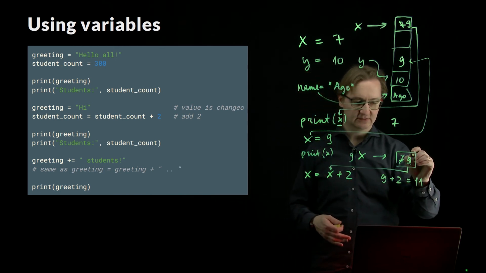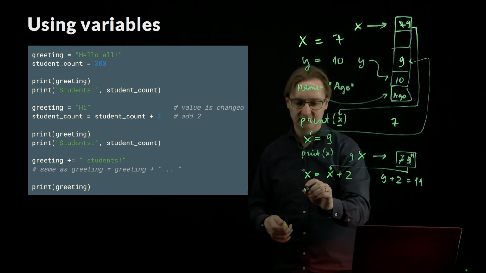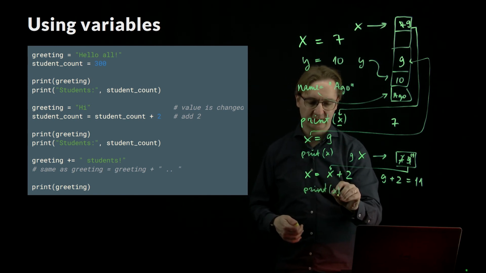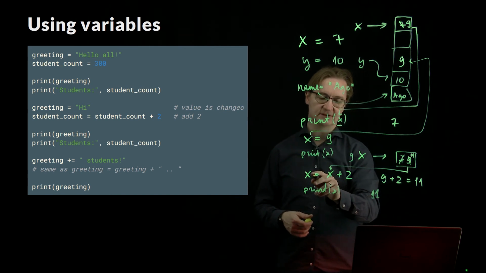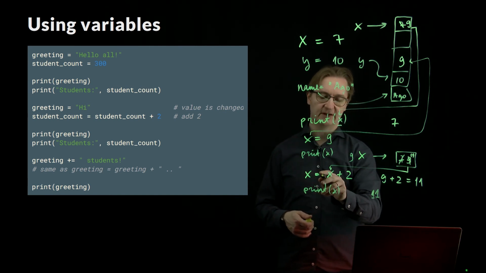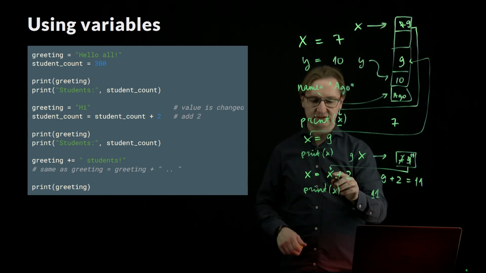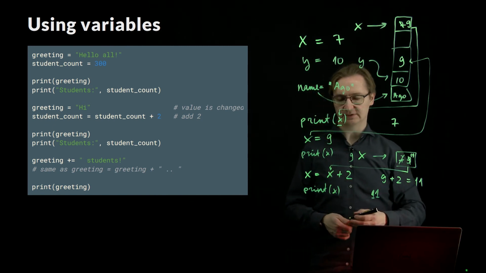So now I can write 11 here. After that line, if I print x, it gives us 11. But what happens here is that before I can assign, I have to calculate the right side of this expression, and here I can use the values of variables.